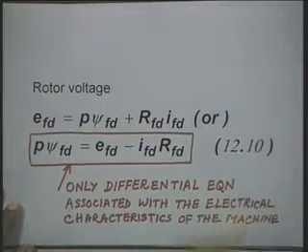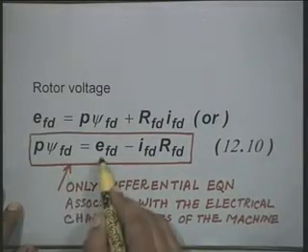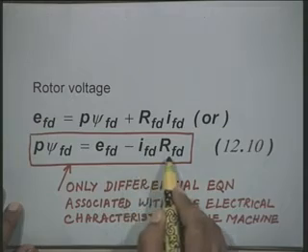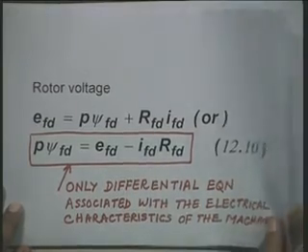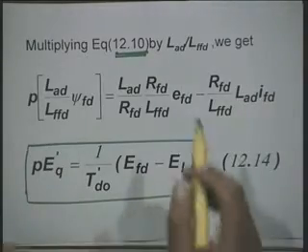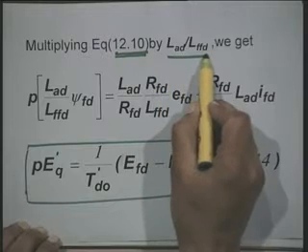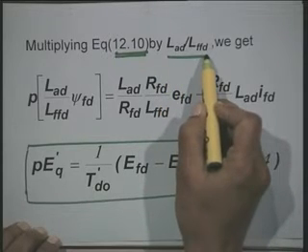If you take this equation, we had P psi FD equal to EFD minus IFD RFD. You multiply both sides of this equation by LAD over LFFD.